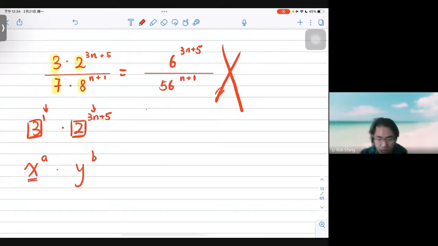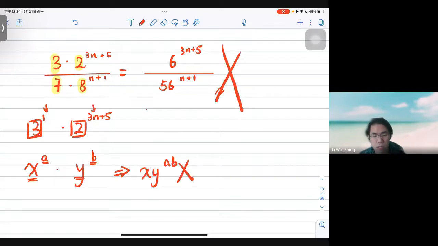The bases are different. The powers are different. So can you say it's equal to (xy)^(ab)? Obviously not. So when you have different bases and different powers, don't combine the base.